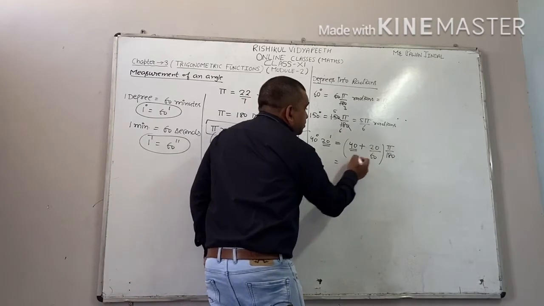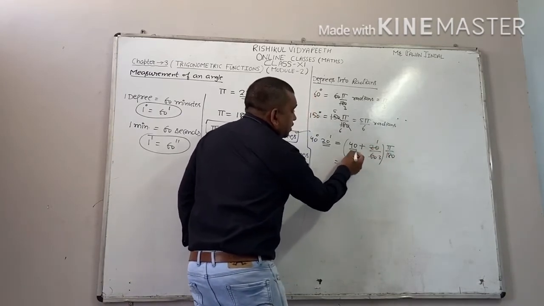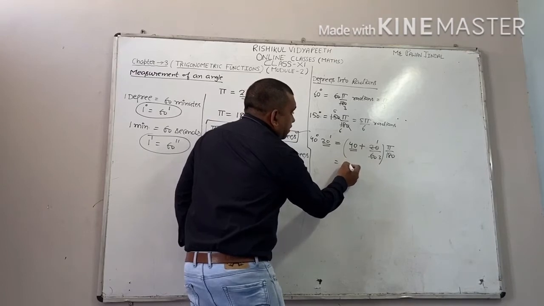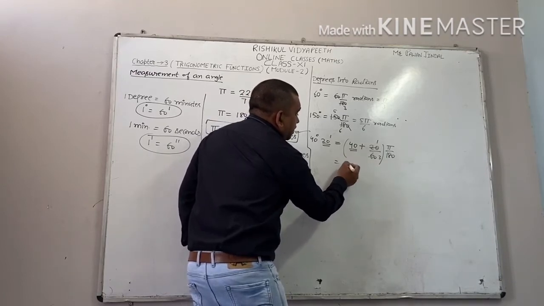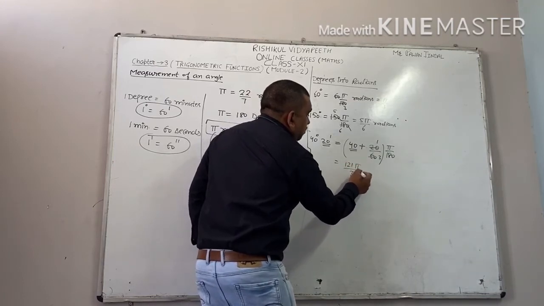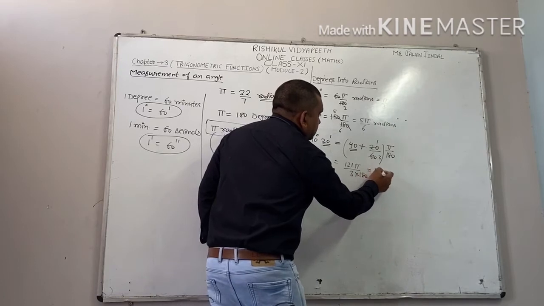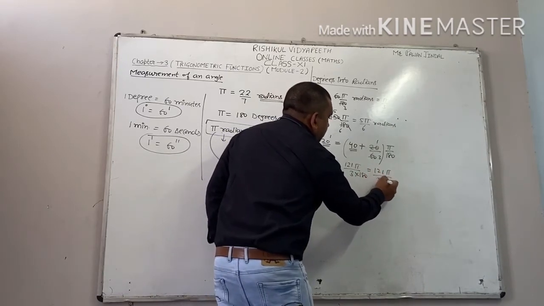Simplify this one. Answer is 121 pi upon 540. In this way you can convert.